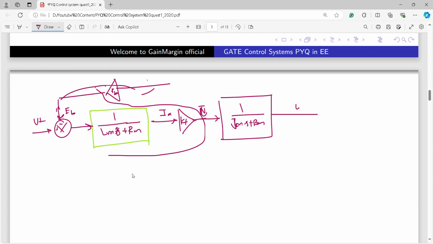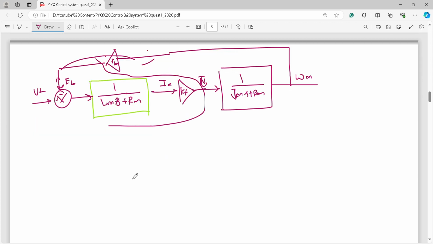Finally we get the speed, and the speed multiplied by the back EMF constant is fed back. So here you can see a second order system until speed. But if you neglect the inductance, we can simplify further, like this with Rm. I'm just explaining here how we get the first order transfer function.